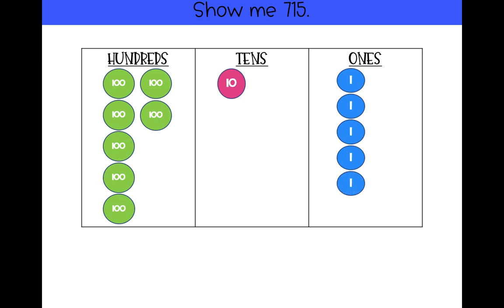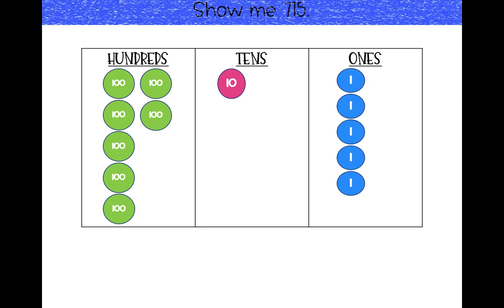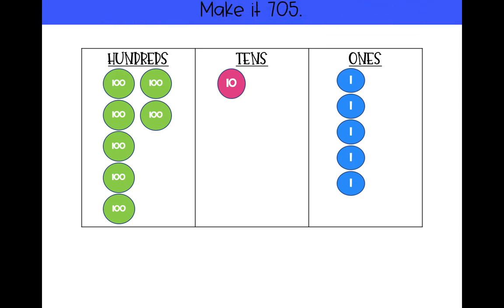Give yourself a pat on the back if you showed 715 using 7 hundreds, 1 10, and 5 ones. Next, let's make it 705. What do we need to do to our place value chart to make it 705? We need to take away a 10. When we take away this 10, we now have 705.